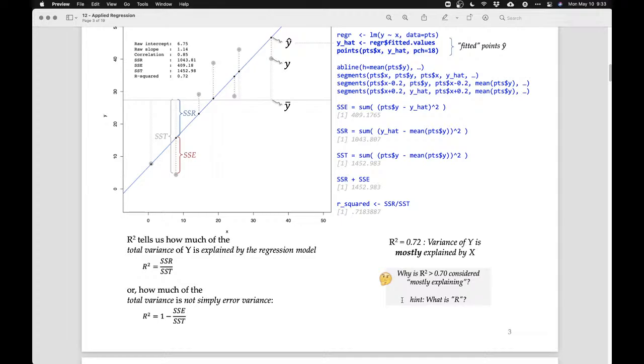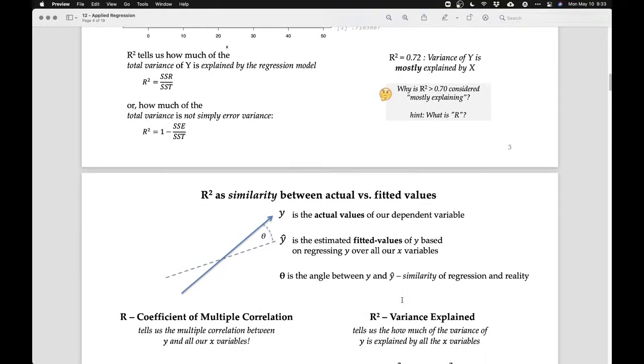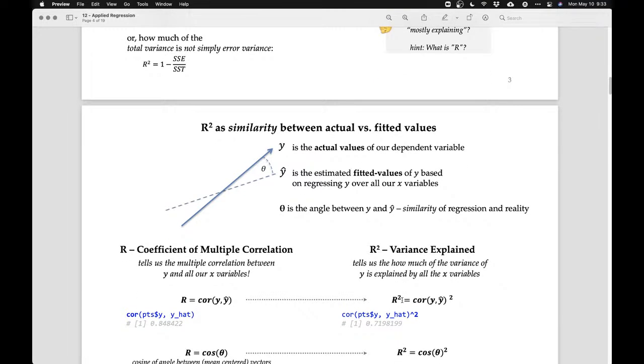I just have two vectors, so it'll give me one value, right? That's like one cell in your correlation matrix. Okay, great, yes. So this is another view of R squared.